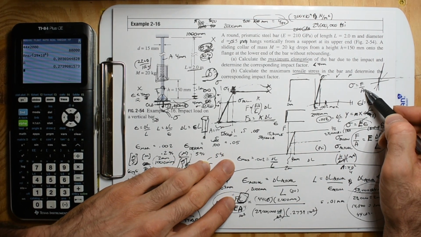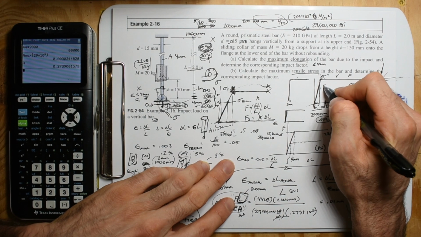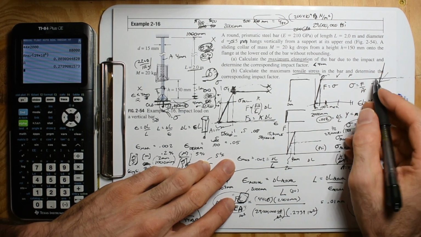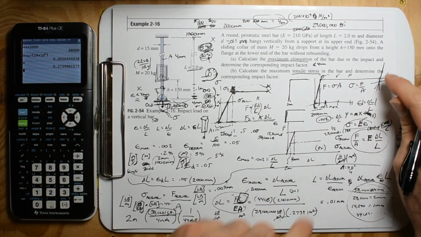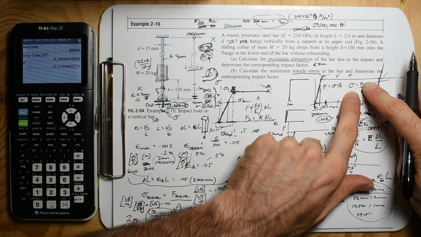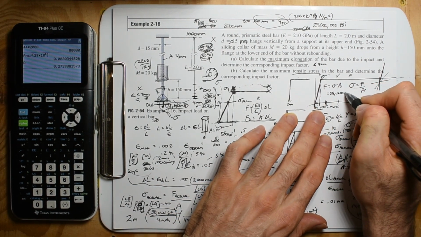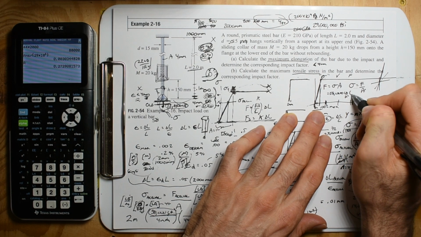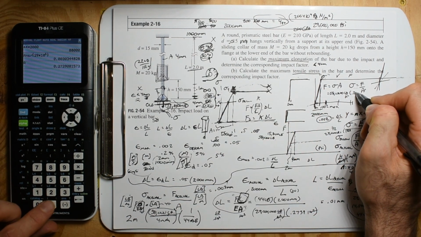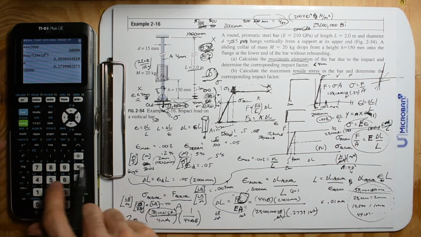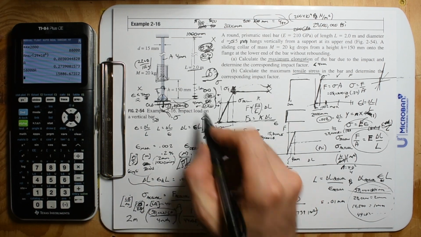You can write this 3 different ways. Force is equal to the strength times area. So if we want force, A's got to go upstairs. So we have 58,000 pounds per inch squared times our area, and that's like 0.27.